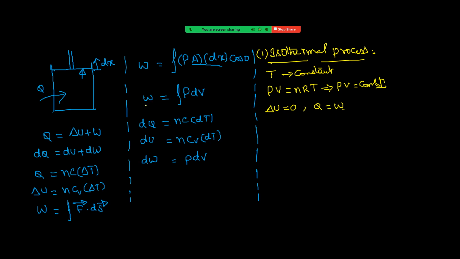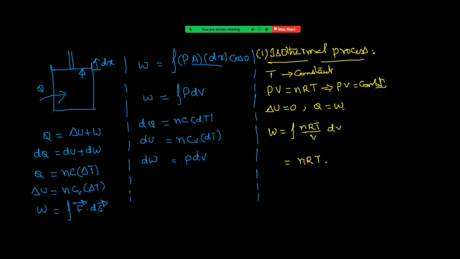Coming to calculation of W, W equal to integral P dV. In the place of P, we can write from the gas equation nRT by V into dV. The number of moles is constant, R is a constant, T is also constant, so take nRT outside.